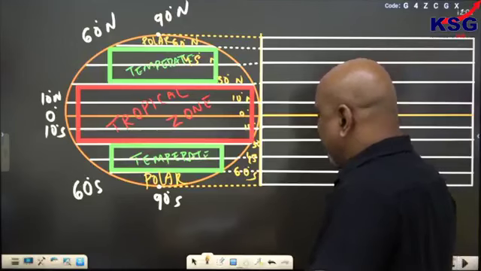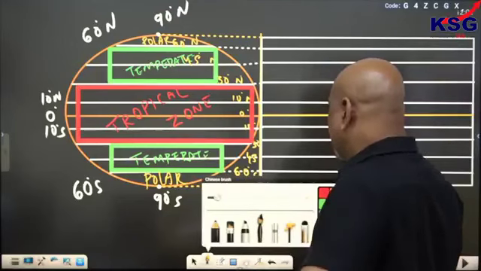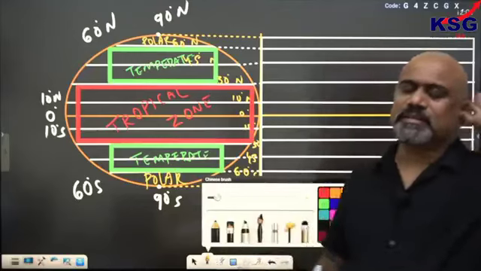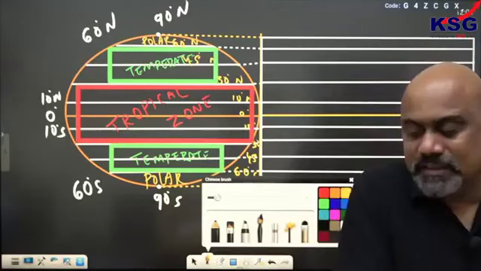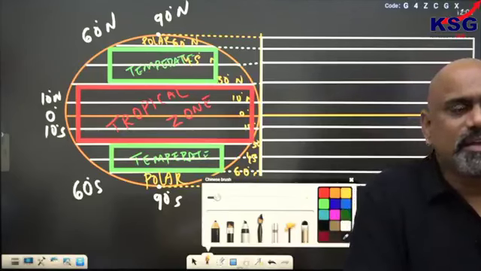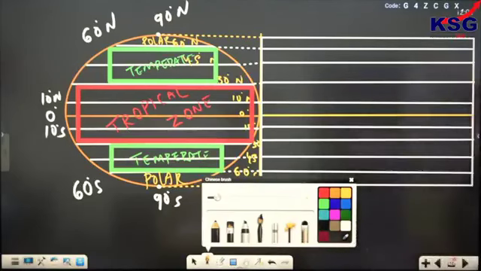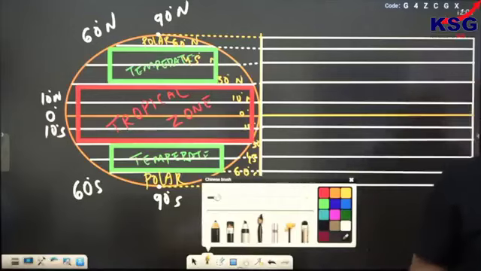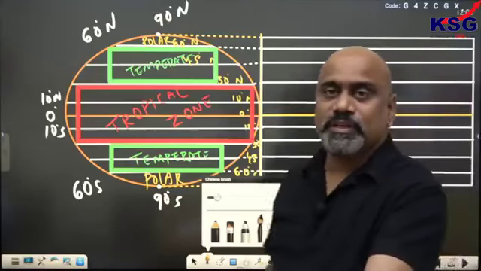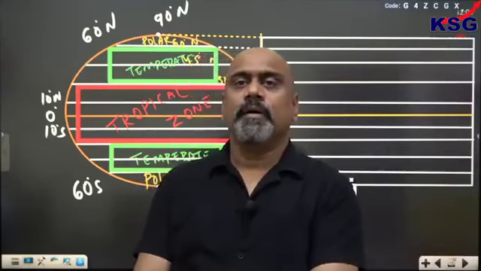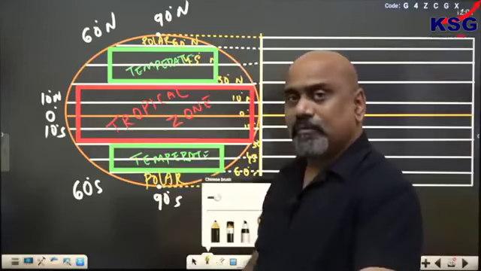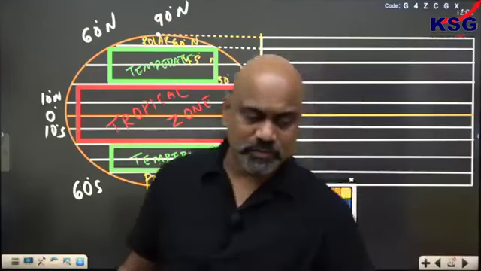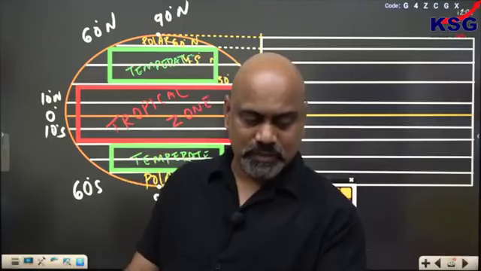Now, because of the inclined axis of the earth and the sun rays falling over this earth surface, there is a variation in the intensity of sunshine, sun insolation, which leads to the development of these different types of climatic conditions. We will see what those climates are and how they occur.